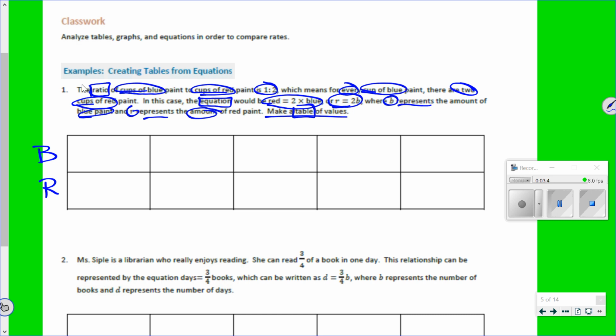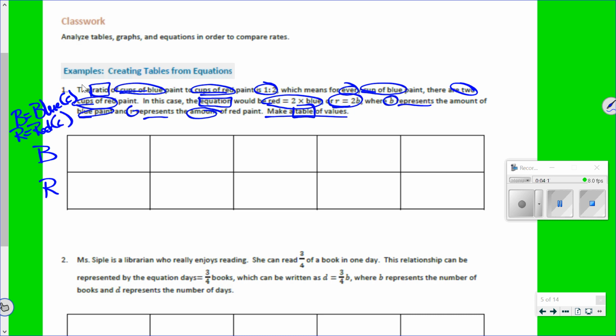What do we call that side thing? Lydia? That's more of a math term for social studies. You're close. It's called identifying my variables. So B equals blue in cups, and R equals red in cups. So we've identified our variables.